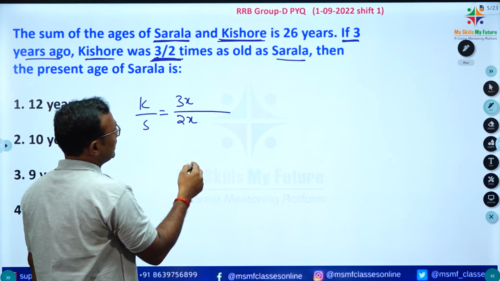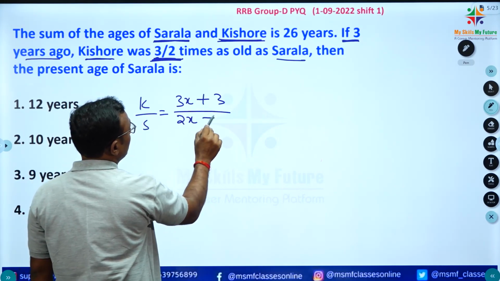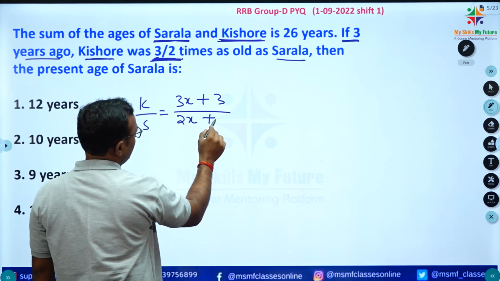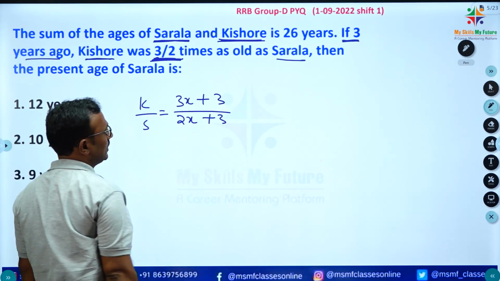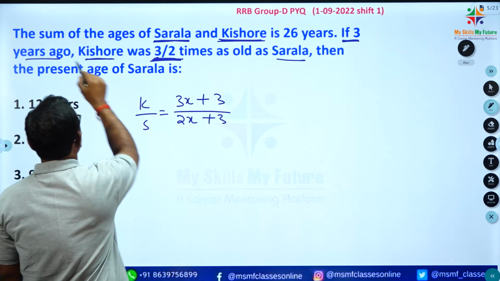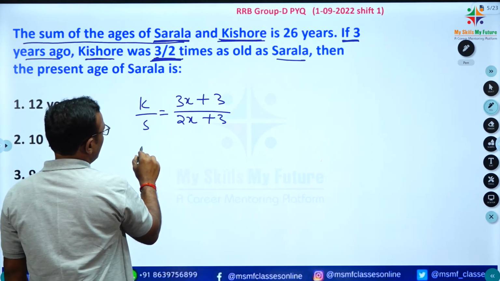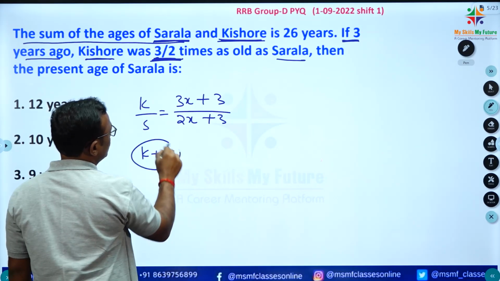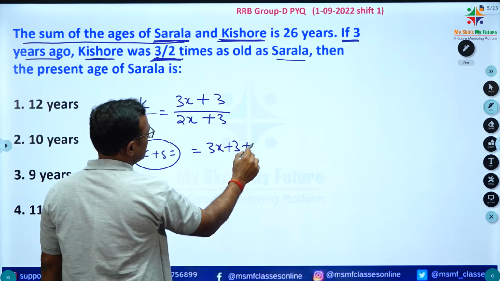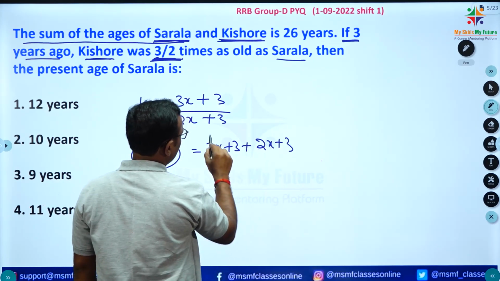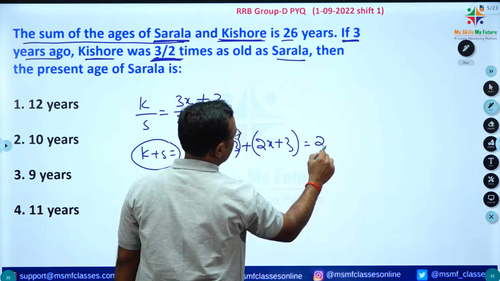So the present age of Kishore is 3x plus 3, and the present age of Sarala is 2x plus 3. They gave the information that the sum of the ages of Sarala and Kishore is 26.